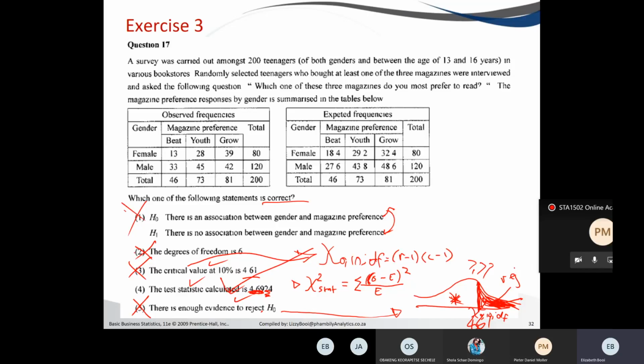You will still have two correct answers, because number 5 will be correct, because you will say there is enough evidence to reject because it falls in the rejection area. So yeah, I'm not sure what quality assurance they do on their question papers before they submit them for the examinations as well. But that concludes today's session.